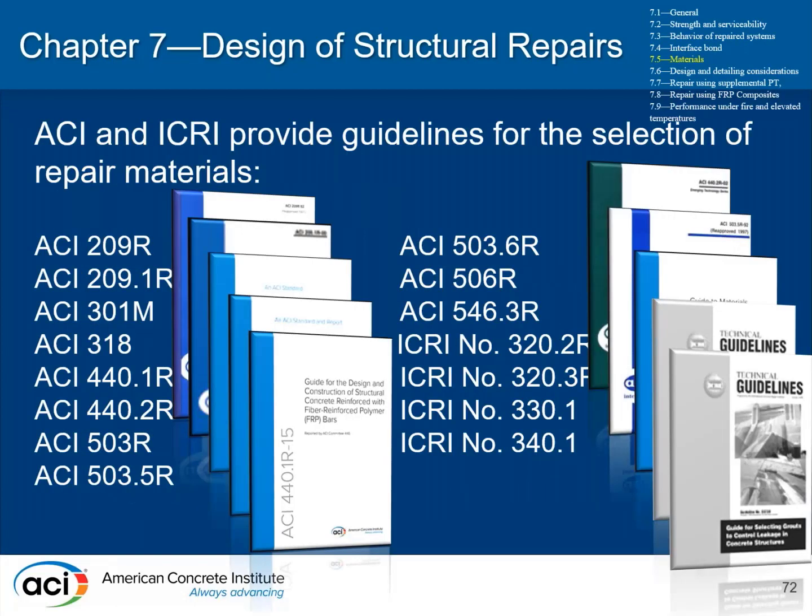So some other guidelines that are provided for the selection of repair materials. There's a variety of them, ACI 318, ACI 301, 503, 440, and also a variety of ICRI documents, as you can see here. And again, these are all listed here in the presentation that you can reference in the future.